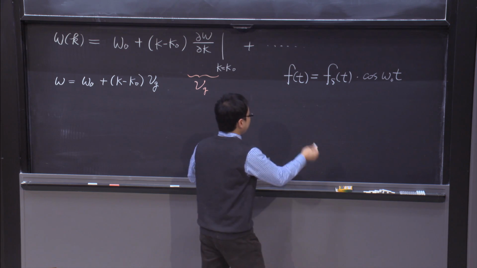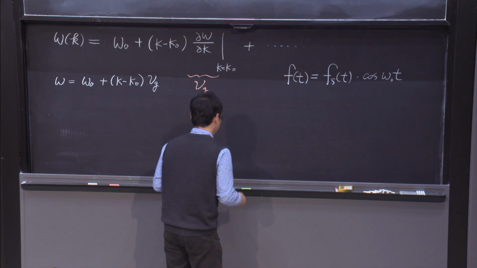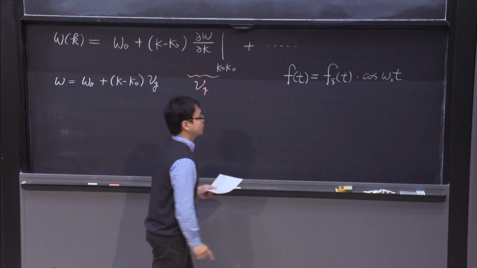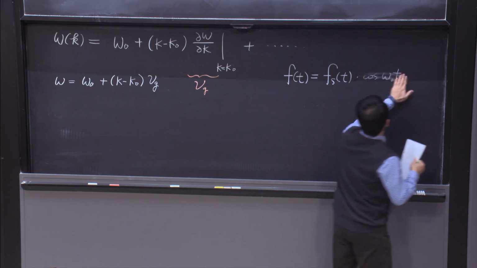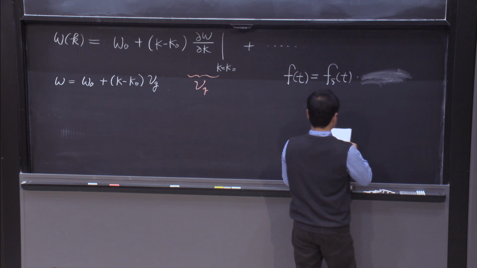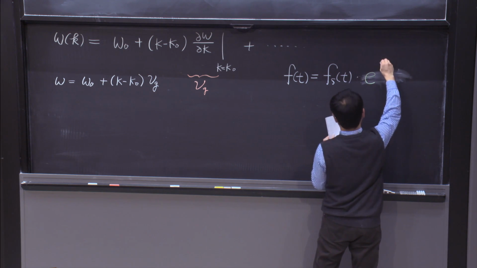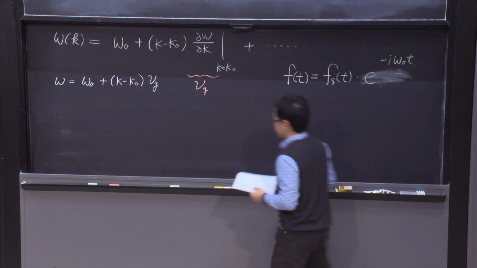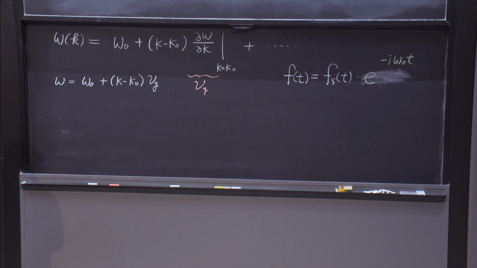Or say I can write it in a complex form. Instead of writing it in a cosine omega 0 t functional form, I can write it in an exponential form, exponential minus i omega 0 t, which is more convenient for the discussion.